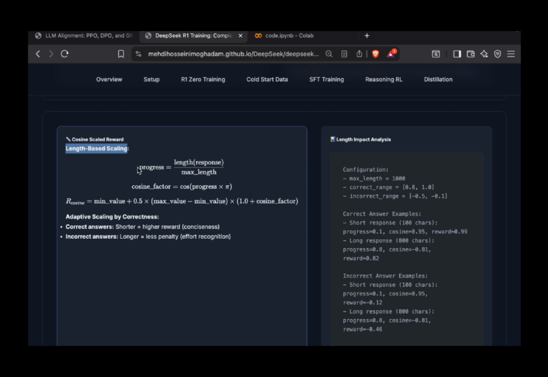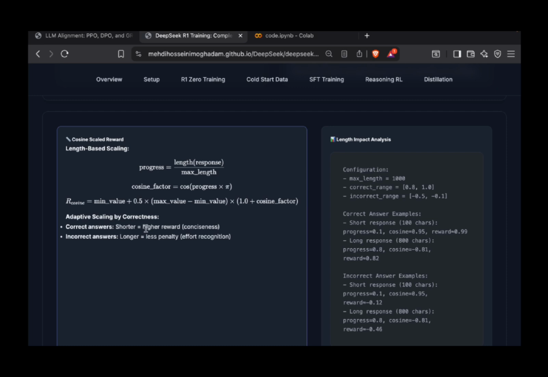The way we calculate this reward function is we get the length of the response and divide it by max length, which is a parameter we can choose to be whatever we want. Then we apply a cosine factor, where we get the cosine of that progress times pi, and then we do this calculation.